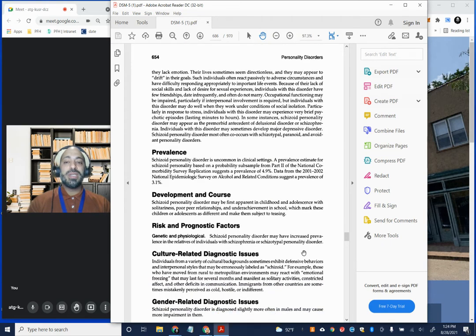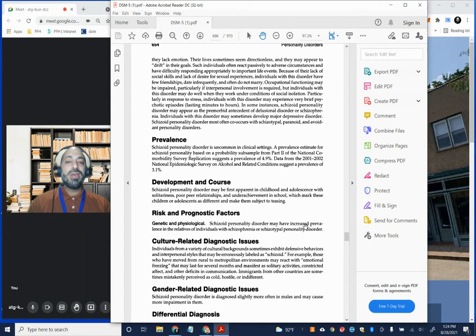Okay, development and course. This disorder may be first apparent in childhood and adolescence with solitariness, poor peer relationships, and underachievement in school, which mark these children or adolescents as different and make them subject to teasing. So again, we're finding this theme that in personality disorder, there may be some teasing, some aloofness, differences in childhood that you might see compared to others.